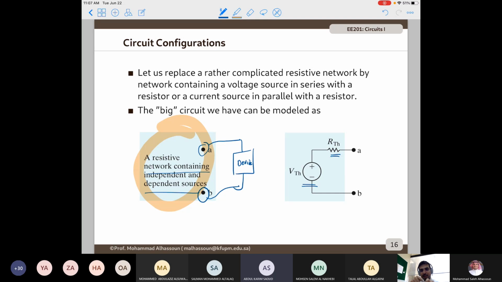Yeah, you care about the outlet, the voltage, and the power that it can handle. You don't care about what's going on from the power plant, from the generation until transmission, until being delivered to your home.